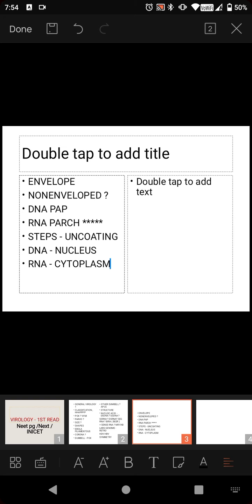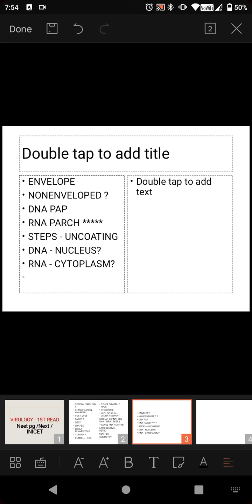We have already said that in the symmetry section, the pox virus has complex symmetry, not icosahedral symmetry. And for RNA viruses, the exceptions are retro and orthomyxovirus. RNA is present in the cytoplasm, except for these exceptions. So DNA: nucleus, except pox virus.